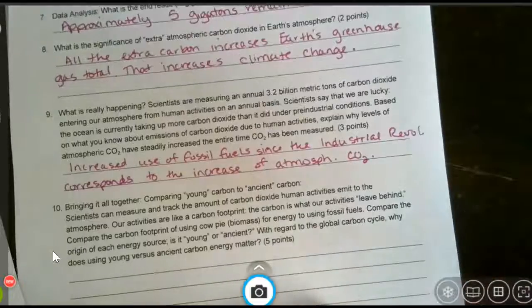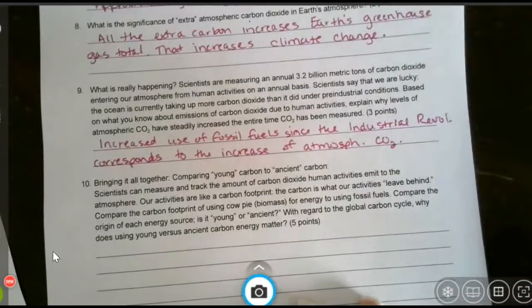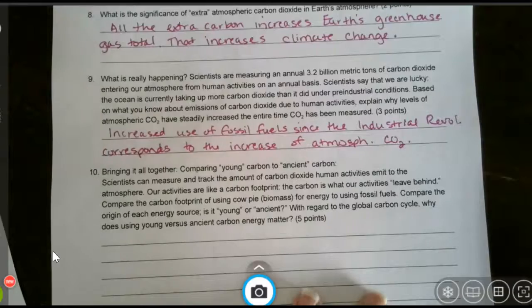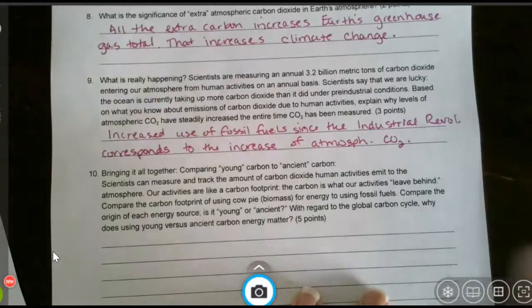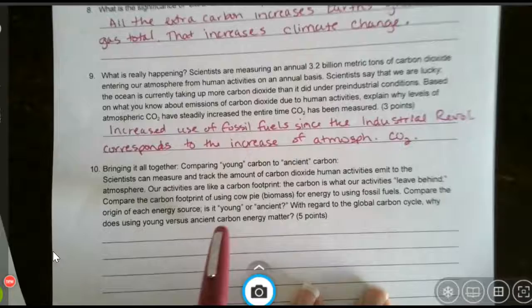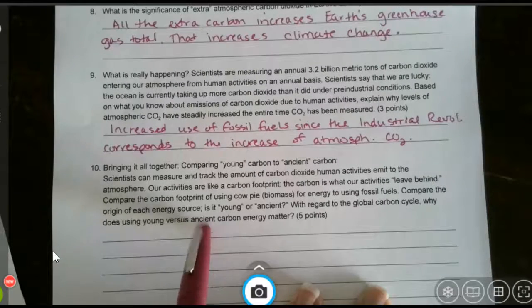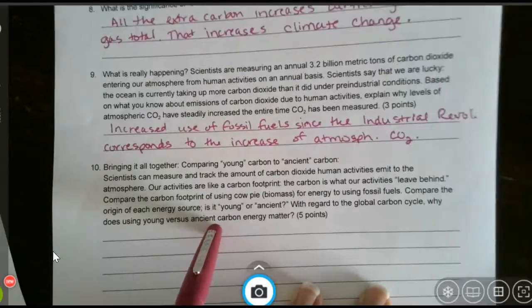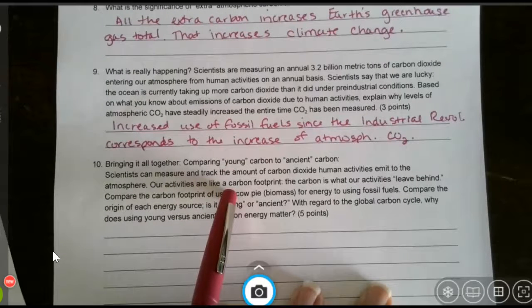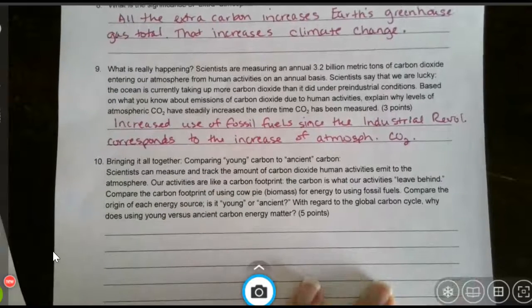Versus an ancient fuel, which would be something like your fossil fuels, which the name says it all. It's fossils, it's ancient, it takes millions of years to make. It's not something that we can renew on a yearly basis. Cows, however, can continue eating new grass on a yearly basis. So it's considered net neutral as far as carbon, because it's pulling something out and that carbon is going right back in.